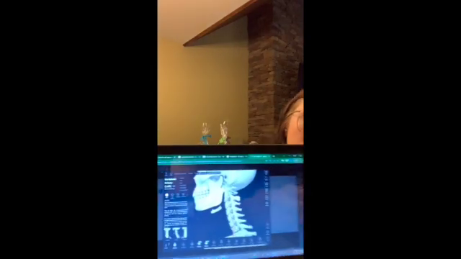For descriptive purposes, the course of the artery can be divided into four parts: the cervical, vertebral, suboccipital, and the cranial parts. From its origin, the cervical part of the vertebral artery travels superiorly between the longus colli and the scalenus anterior muscles. So I'm going to show you what that looks like.